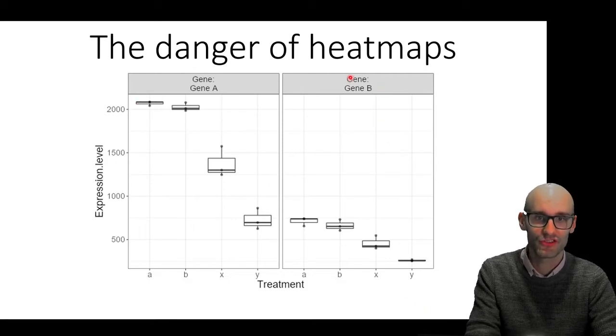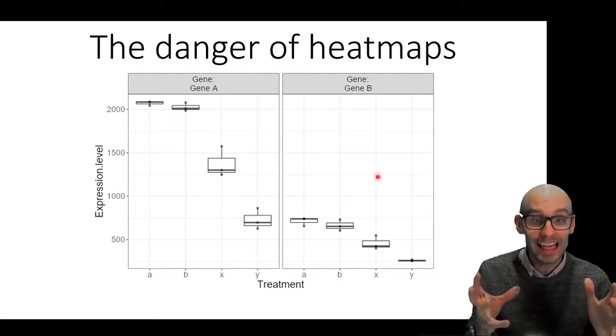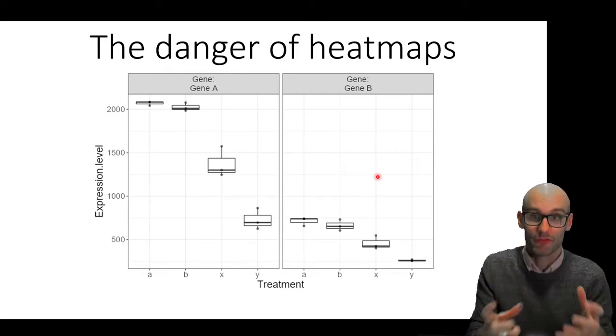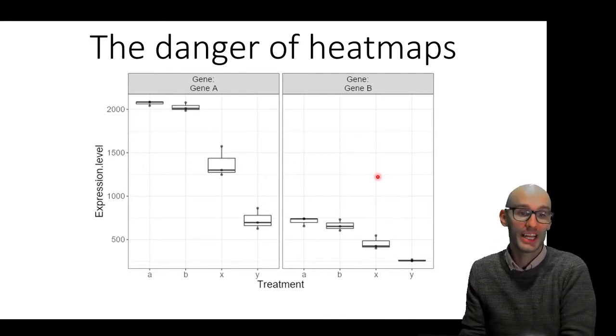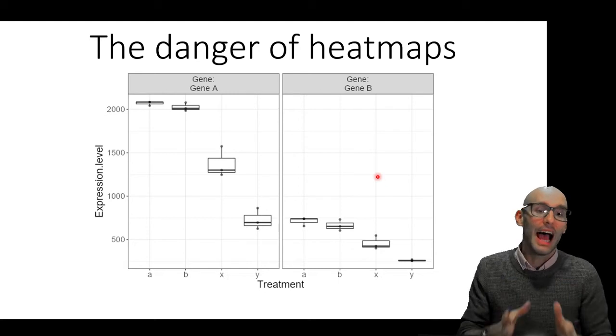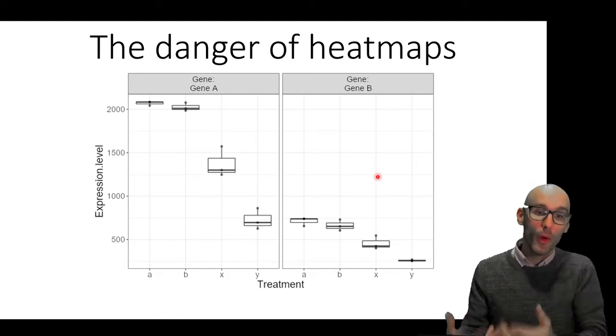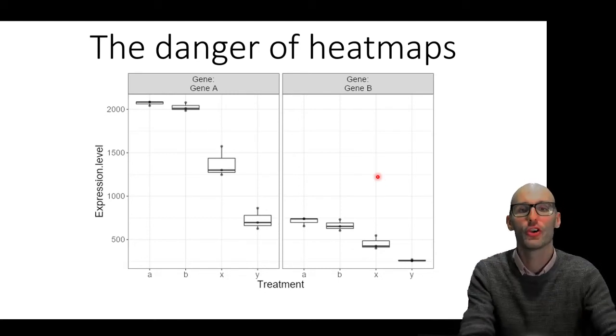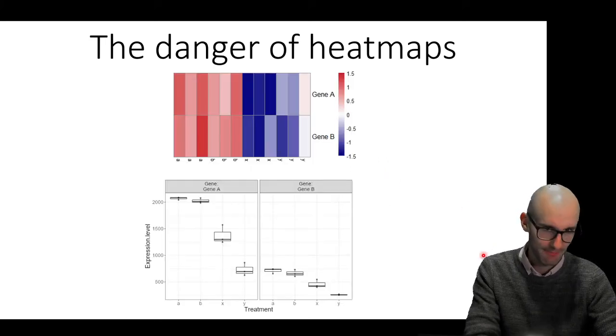So this is gene B, that's gene A, here are the treatments, A, B, X, Y, A, B, X, Y, and here's the expression level. But you can see in this graph, because it's a good graph, that there is a difference between gene A and gene B, right? They are different because gene A is expressed at way higher levels. It's way turned on compared to gene B.